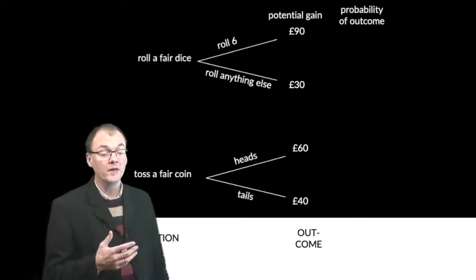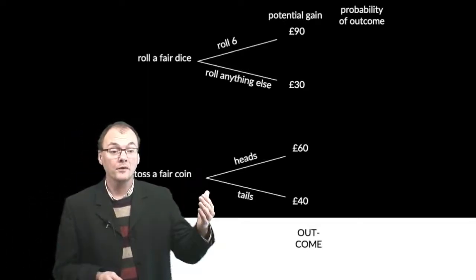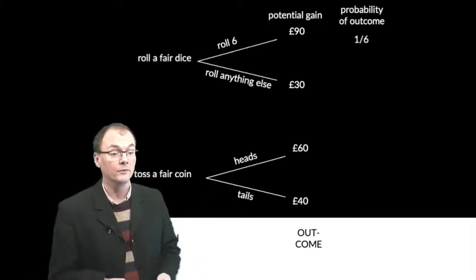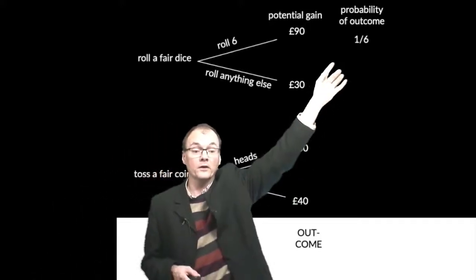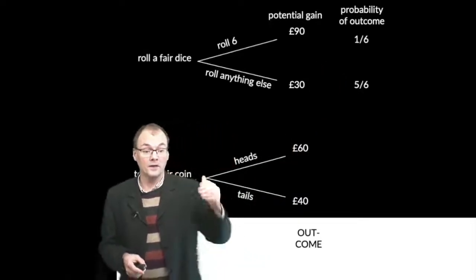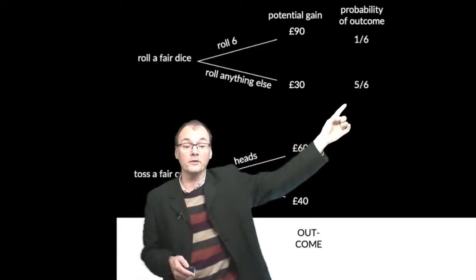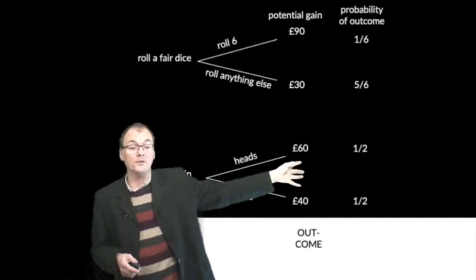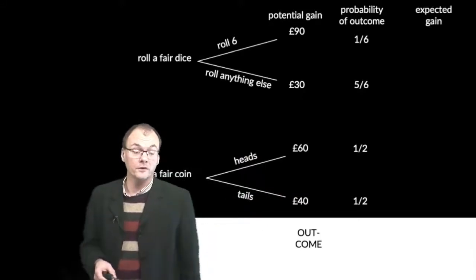Well, what we need to think about is how the potential gain relates to the probability of the different outcomes. So for example, there's a 1 in 6 chance of rolling the 6 on the fair dice, and a 5 in 6 chance of rolling anything else. With the case of the coin, it's a 1 in 2 chance of the heads and a 1 in 2 chance of the tails.